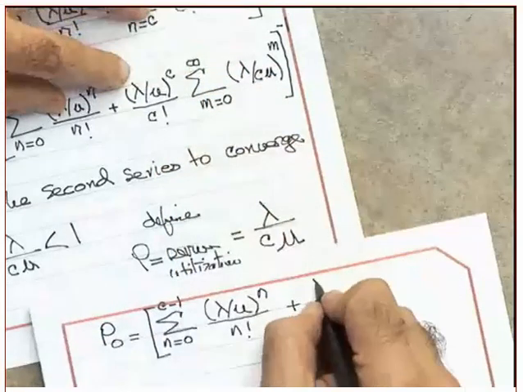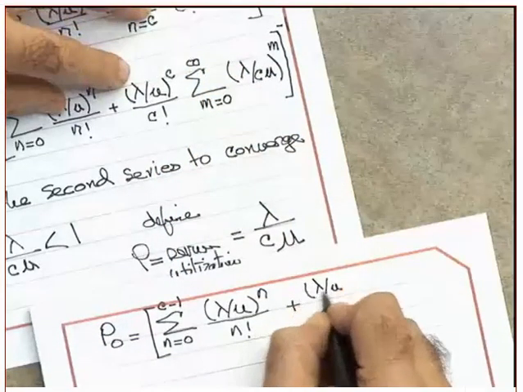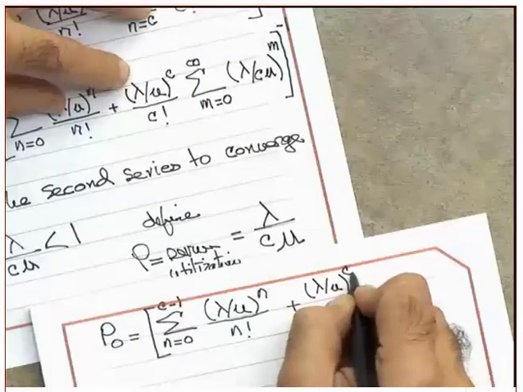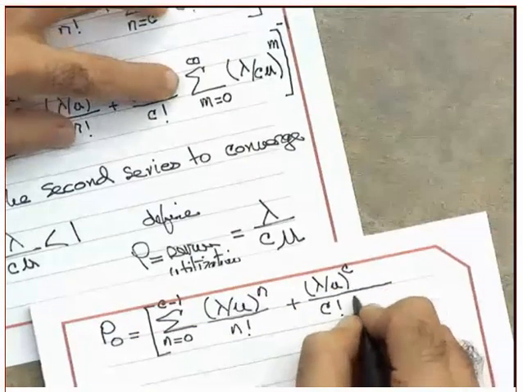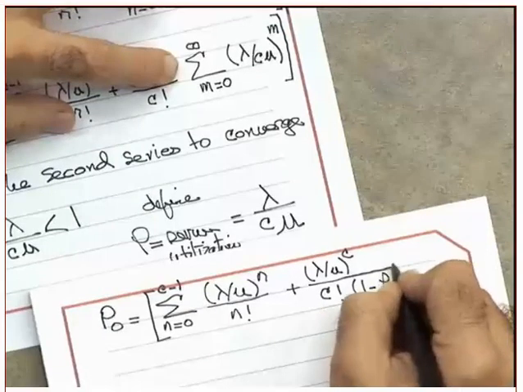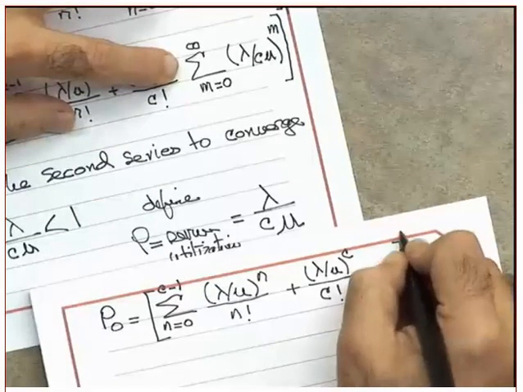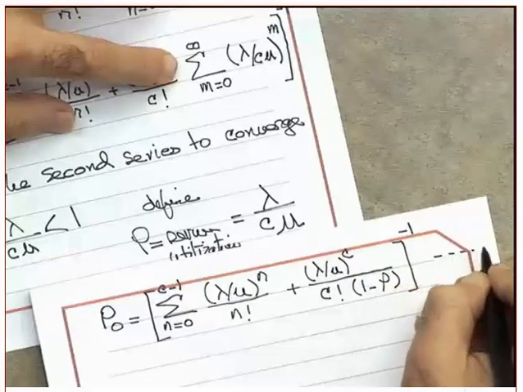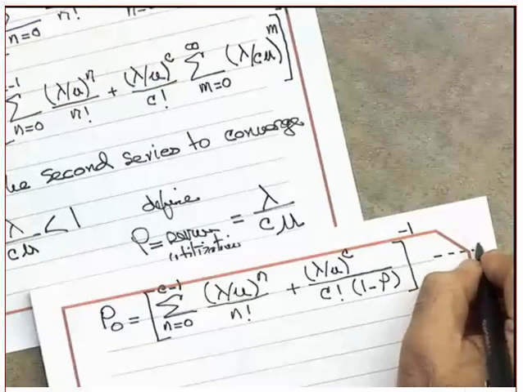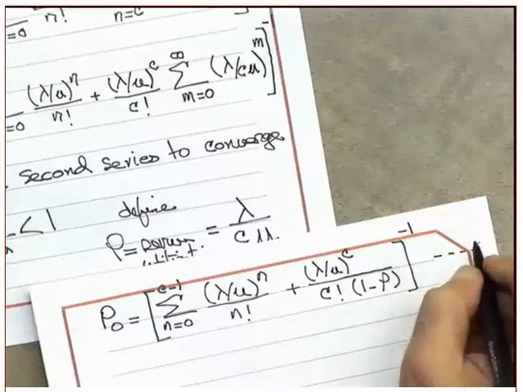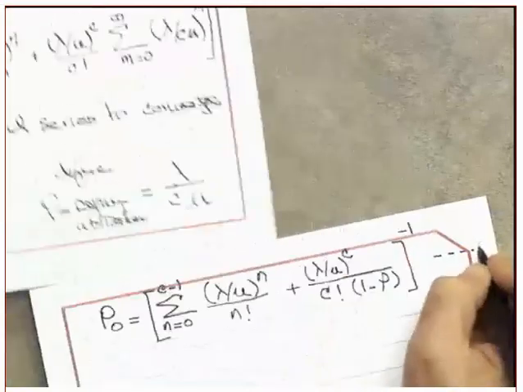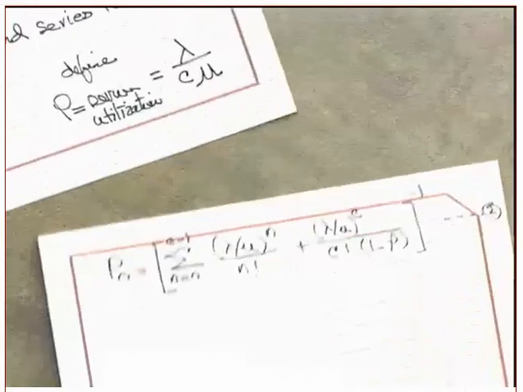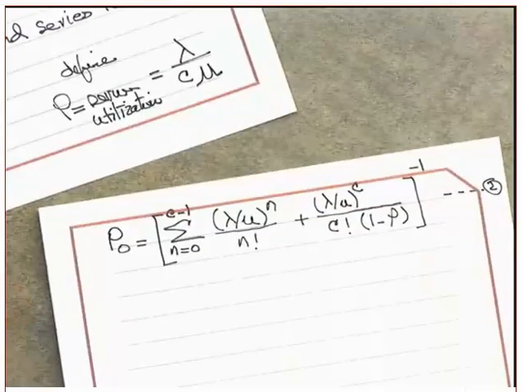So what do I have? Lambda over mu to the C over C factorial times 1 minus rho, and the whole thing to the minus 1. This is equation 2. Clear?